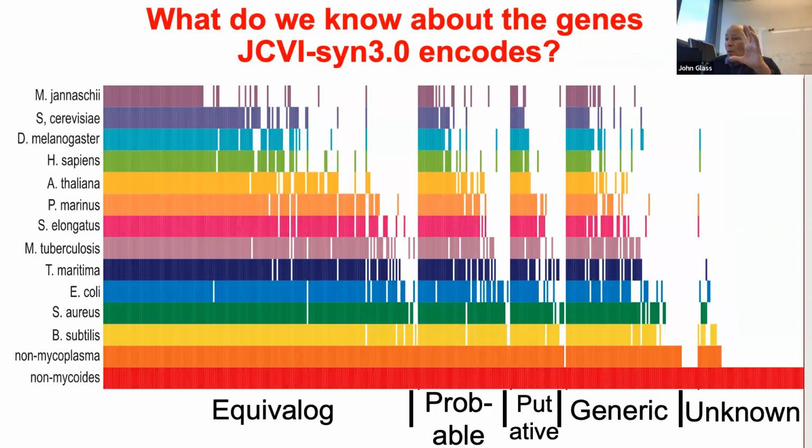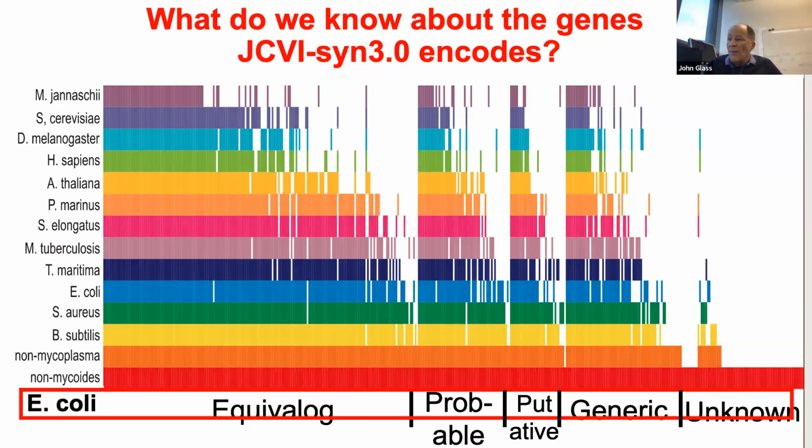So what we did, we took each of the 470 some protein coding genes in the minimal cell, and we did a BLAST search against the genomes of these 13 different organisms. A BLAST search looks for sequence homology.